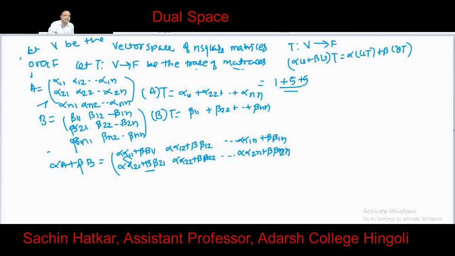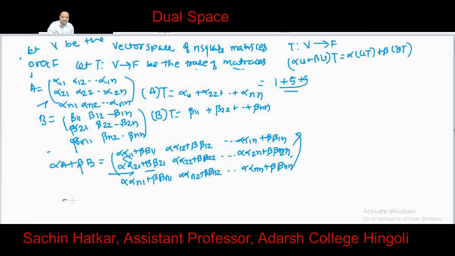And the last row of the matrix is alpha times alpha n1 plus beta times beta n1, alpha times alpha n2 plus beta times beta n2, up to alpha times alpha nn plus beta times beta nn. This is the matrix alpha A plus beta B.